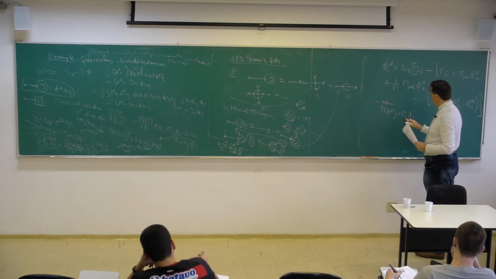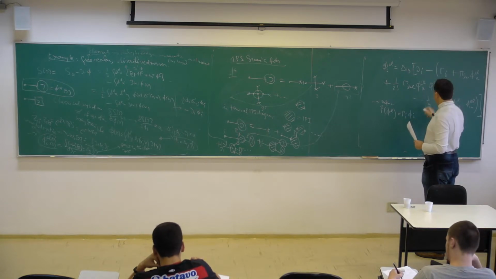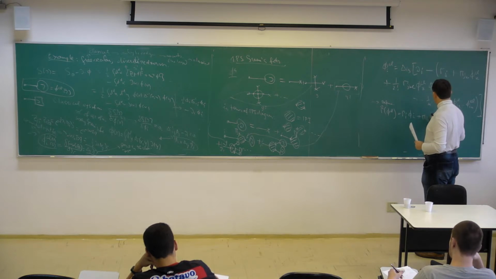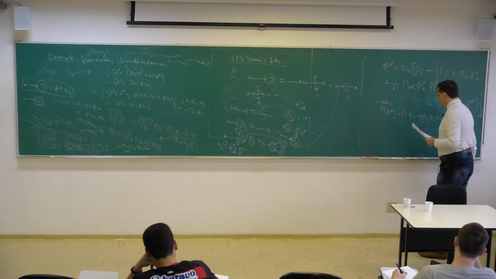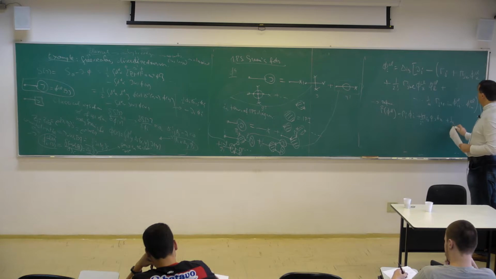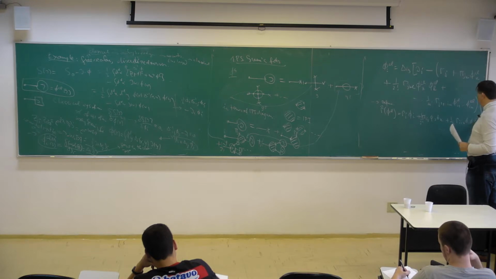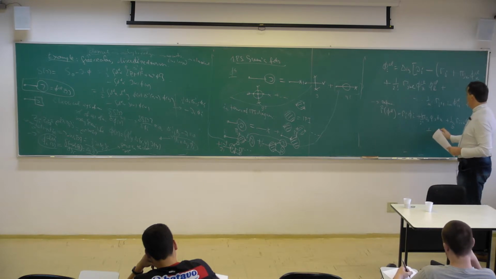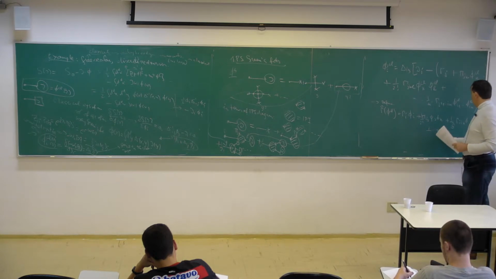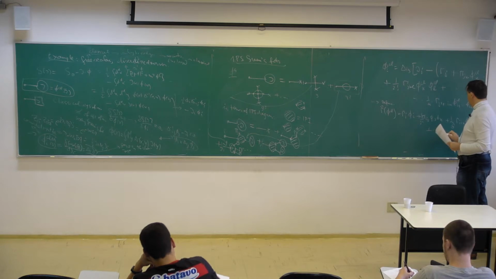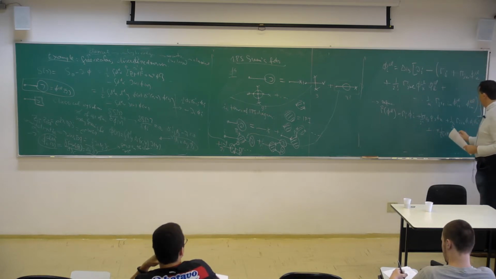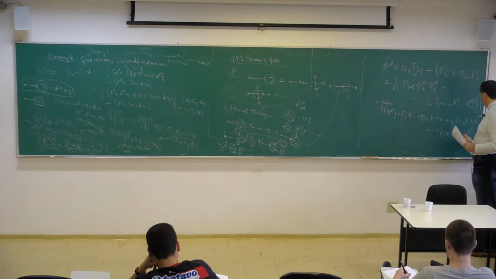So phi gamma I phi I plus pi ij phi j phi k, 1 over 2 factorial, plus 1 over 3 factorial gamma ijk phi I phi j phi k, and then perhaps also write the general term, 1 over n plus 1 factorial gamma I1 ... In phi I classical phi I1 classical ... phi In classical.